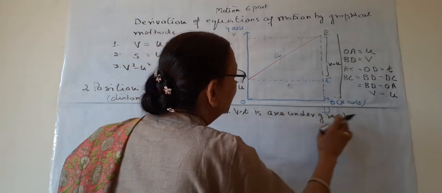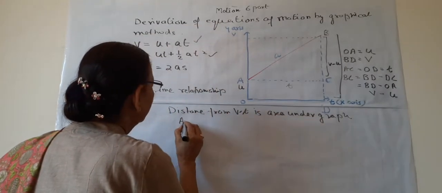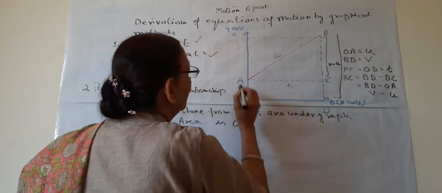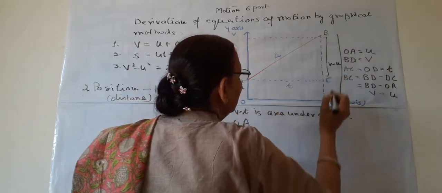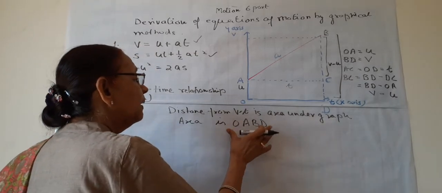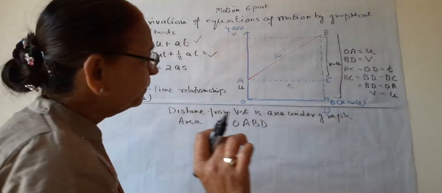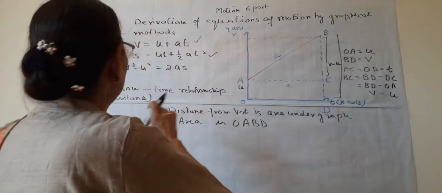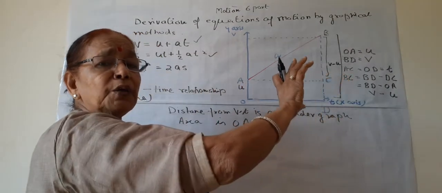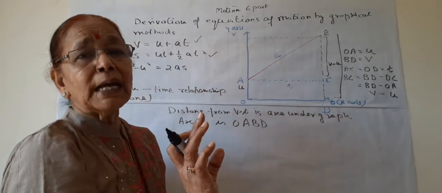Distance from VT is known from the area under the graph, and here the area under the graph is O, A, B and D. So if we know the area of OABD, which is a trapezium, then we can know the distance traveled by the body which is moving in a straight direction with a uniform acceleration.